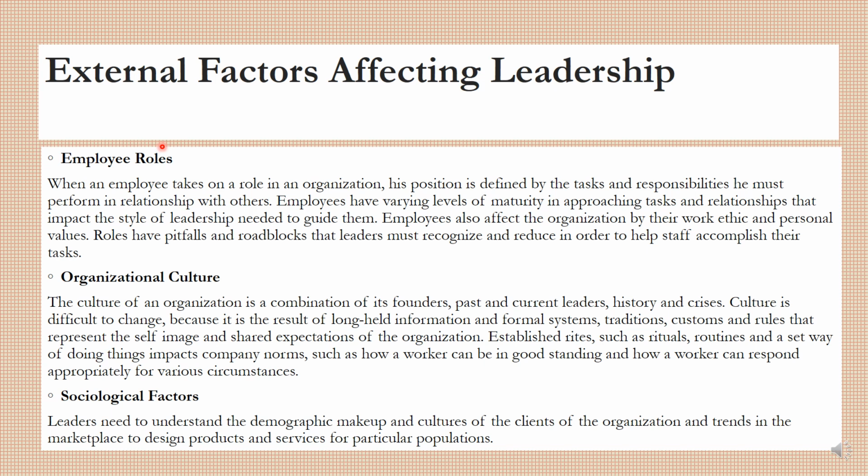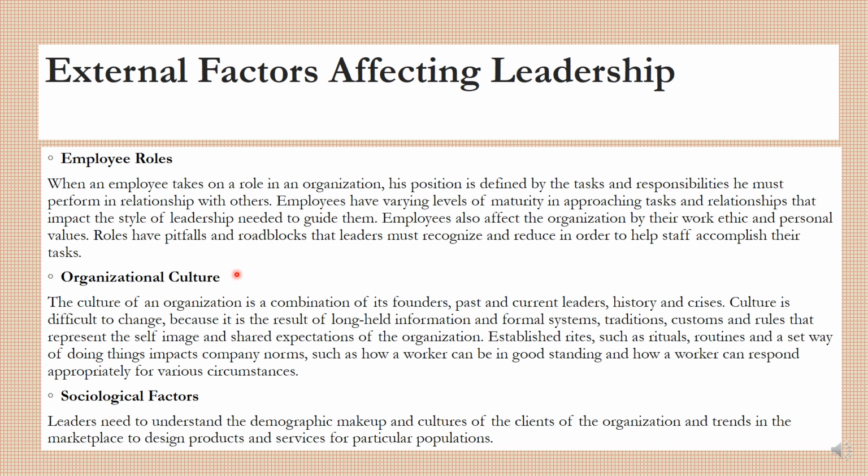So roles have pitfalls and roadblocks that leaders must recognize and reduce in order to help staff accomplish their tasks. Then organization culture. The culture of an organization is a combination of its founders, past and current leaders, history, and crisis.